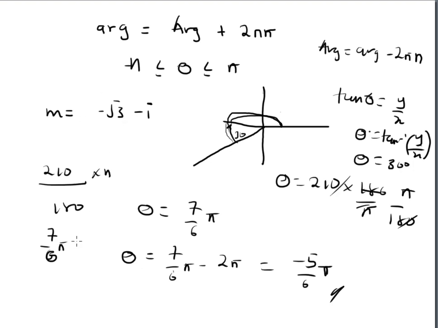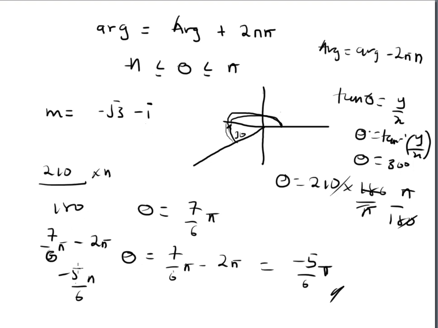Okay. So now subtracting our first multiple of 2 pi, we get negative 5 pi on 6. And negative 5 pi on 6 actually falls in this interval. Forgetting about your pi, you get negative 1 less than or equal to theta less than or equal to 1. And with this, we get negative 5 on 6, which gives us something like negative 0.8333 recurring.